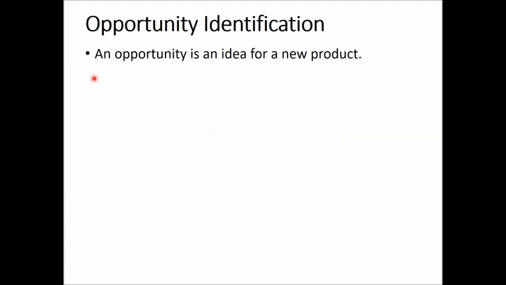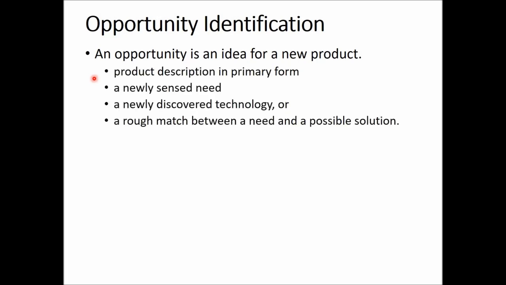Opportunity identification. The opportunity in product development is an idea for a new product. So a new product idea comes as an opportunity for the development process. So there are several ways of you getting these opportunities.